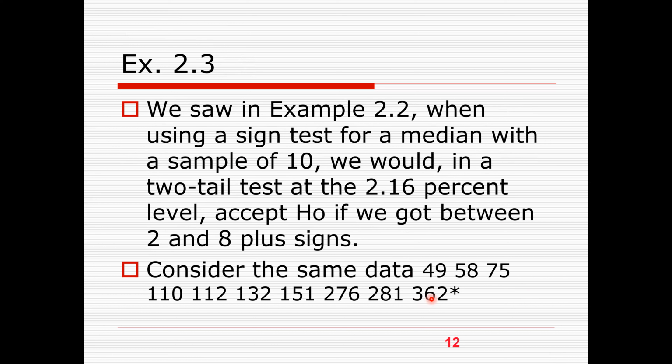So when R is any integer between 2 and 8, which means patients survive between 58 months and 281 months, this interval has the probability of 1 minus the probabilities of getting 0, 1, and 9 and 10, right? Which is 97.84%. How do we get that?